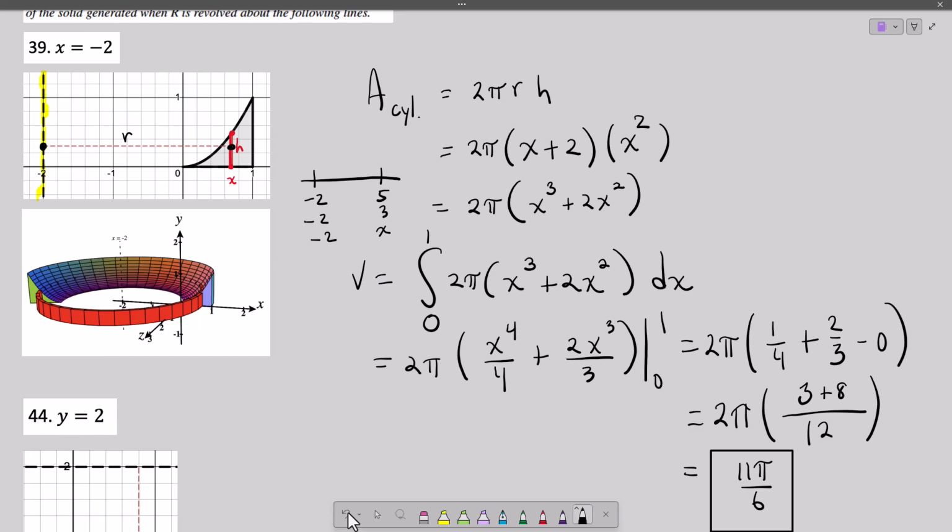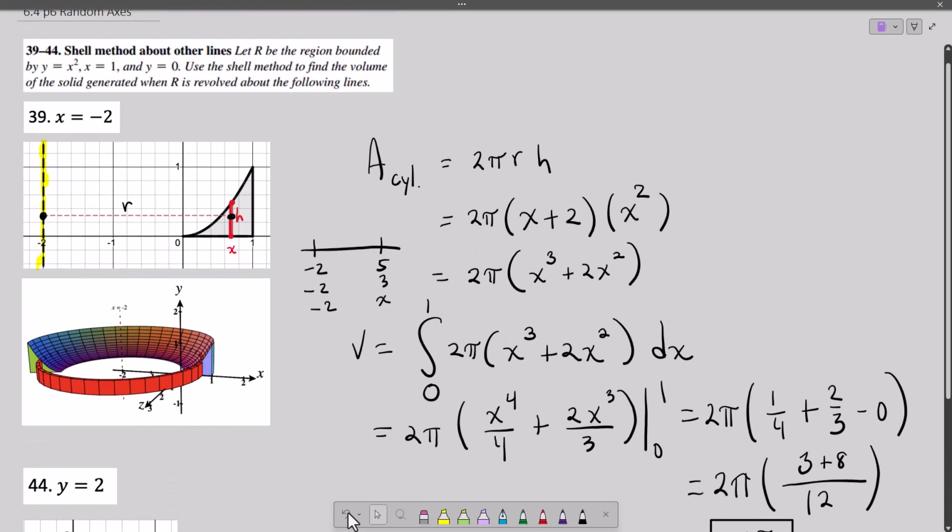If you chose a horizontal element, you would be creating washers, and you could do that here. This region is both vertically simple, because you can draw a vertical rectangle and have a common upper and a common lower curve. It's also horizontally simple, because there's a common right curve and a common left curve. Now, if we did do washers, you would have to take this curve and solve it for x, because you'd be measuring horizontal stuff then. But yes, you could do that.